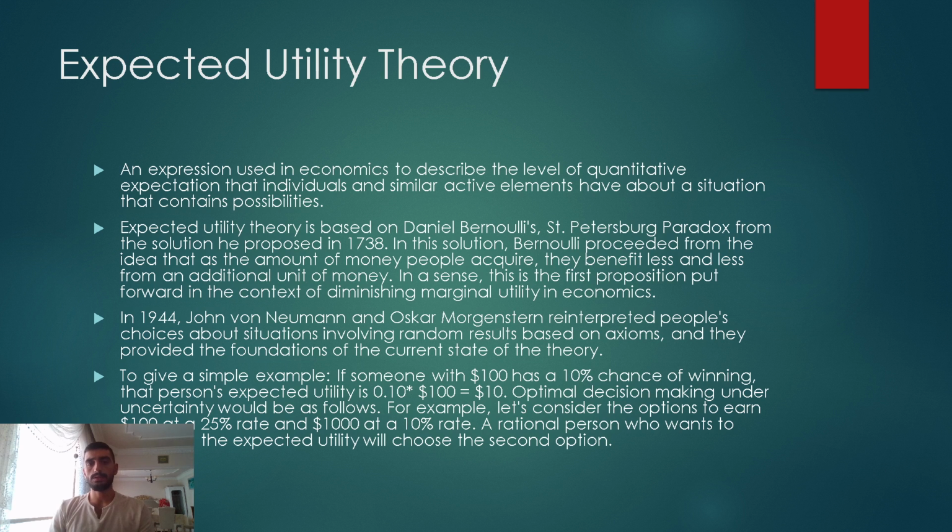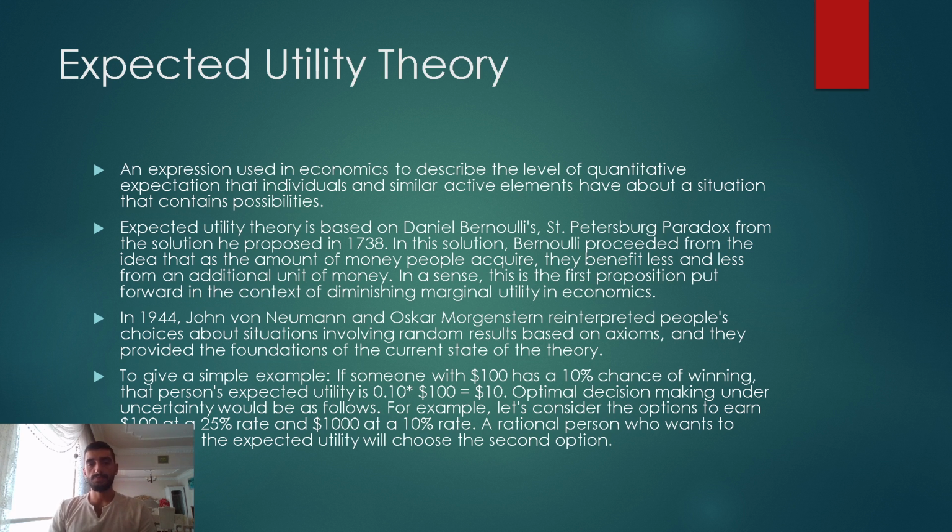In the solution, Bernoulli proceeded from the idea that as the amount of money people accrue, they benefit less and less from an additional unit of money. In a sense, this is the first proposition put forward in the context of diminishing marginal utility in economics.